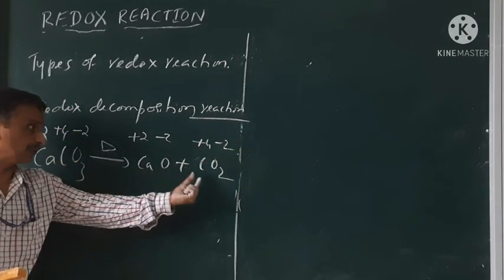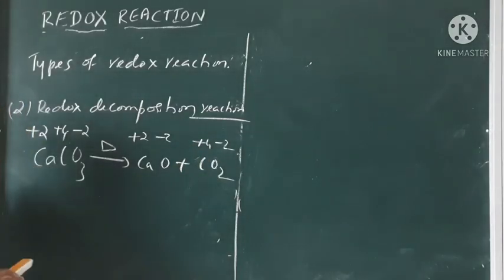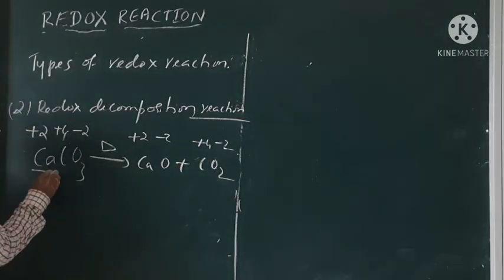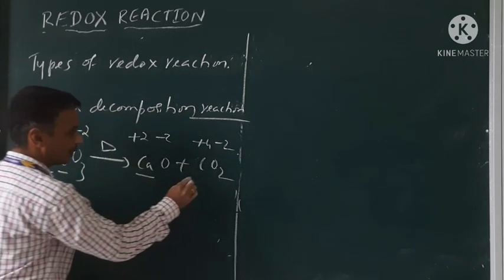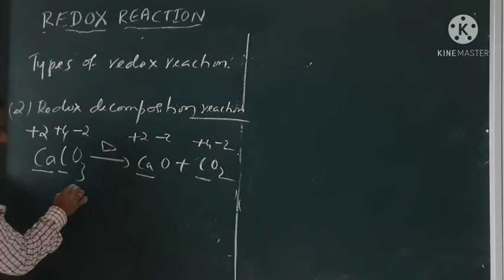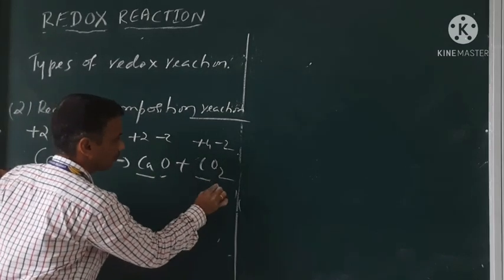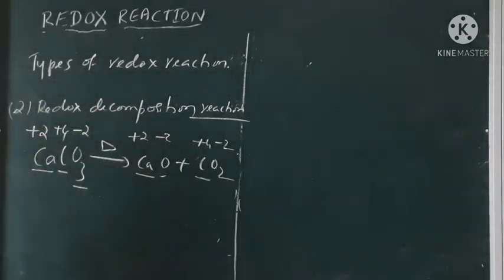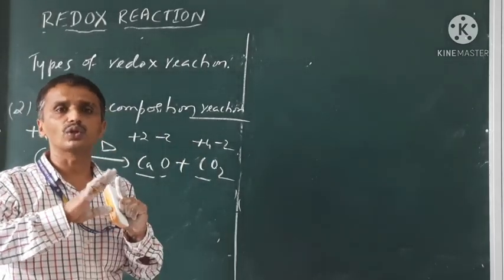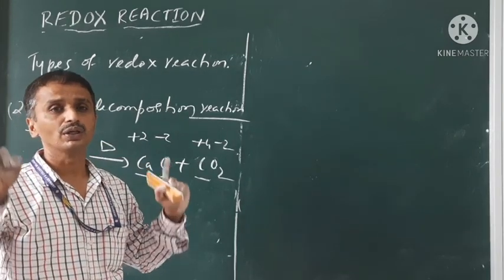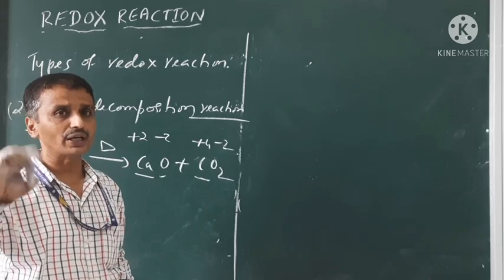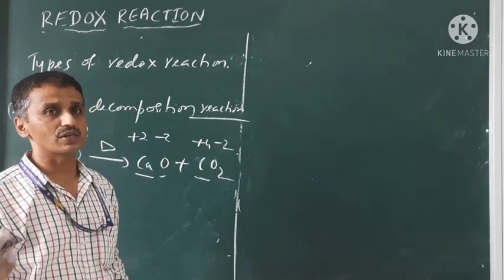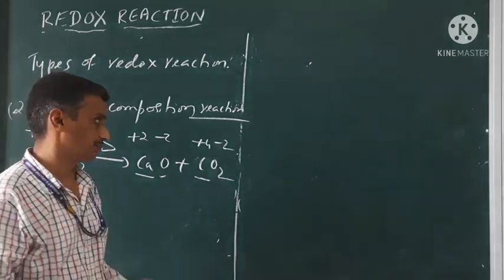None of the atoms here is changing its oxidation state. Calcium is plus 2 here, also plus 2, no change. Carbon plus 4, here also plus 4, no change. Oxygen minus 2 throughout. Then such reactions are not redox decomposition, they are decomposition reactions only. So don't say that all decomposition reactions are redox decomposition.